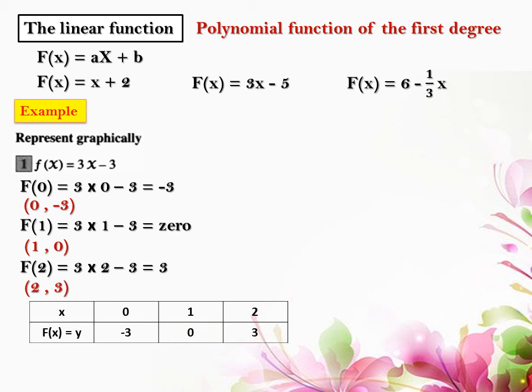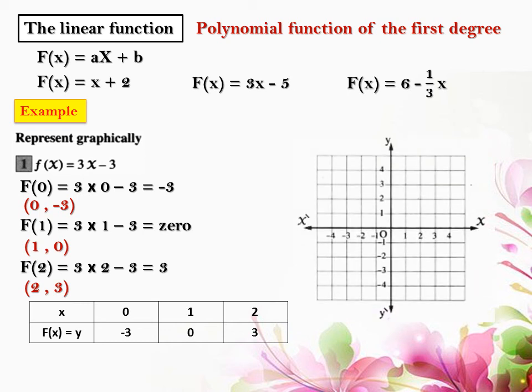Step number 3, we will represent or graph it on the Cartesian plane like this. Now we will locate these three points which represent the three ordered pairs in the Cartesian plane and draw a straight line.